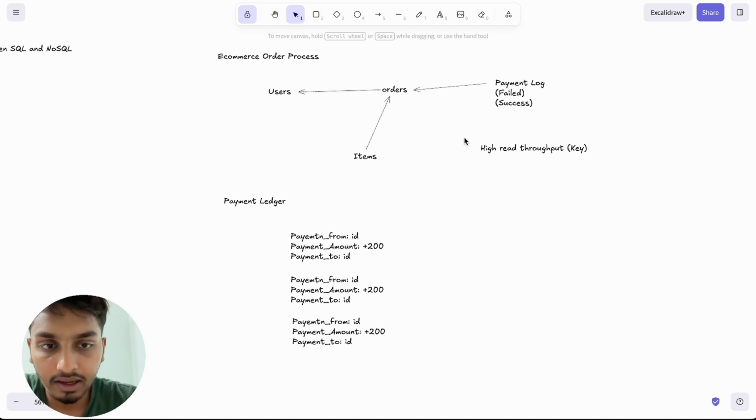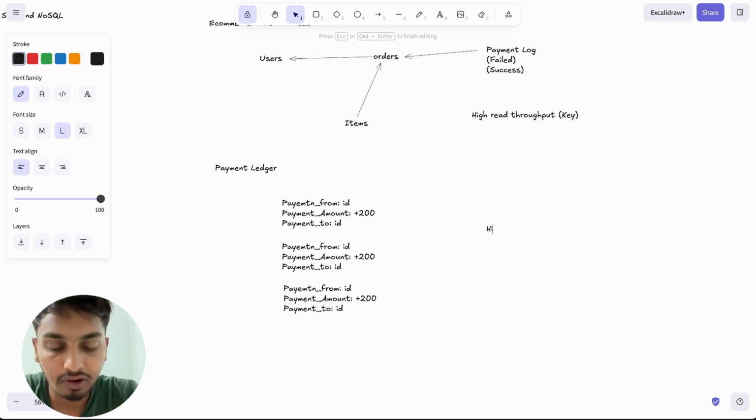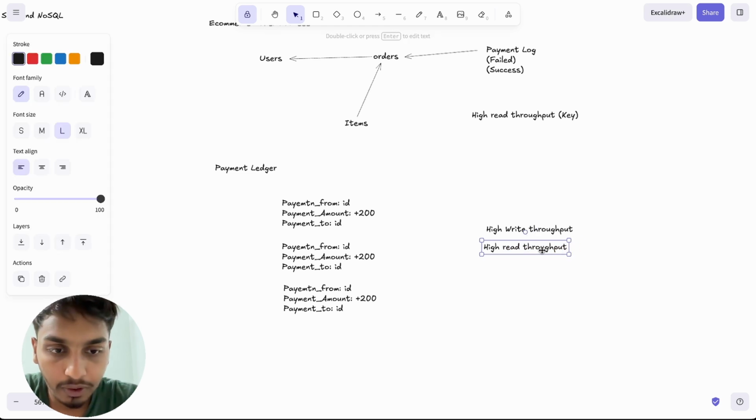SQL is primarily designed for high read throughput in complex queries, and by complex queries I mean complex relations. While NoSQL is designed for high write throughput and also high read throughput, but high read throughput only when the relationship is not complex.